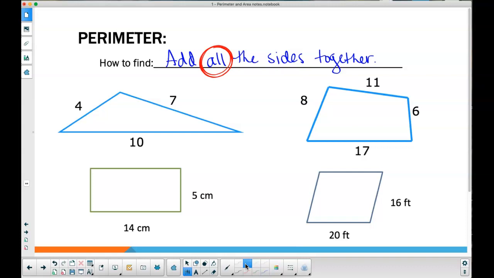So if I look at this first one, what am I adding together? 4 plus 4 plus 10 plus 7. And you would grab your calculator and the answer is 21. That is the perimeter or the distance around the outside. How about the next one?